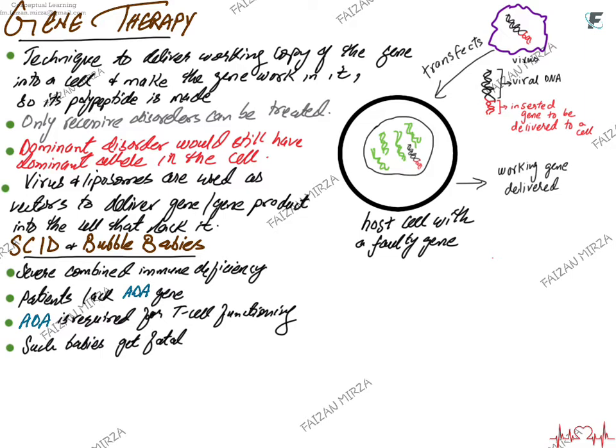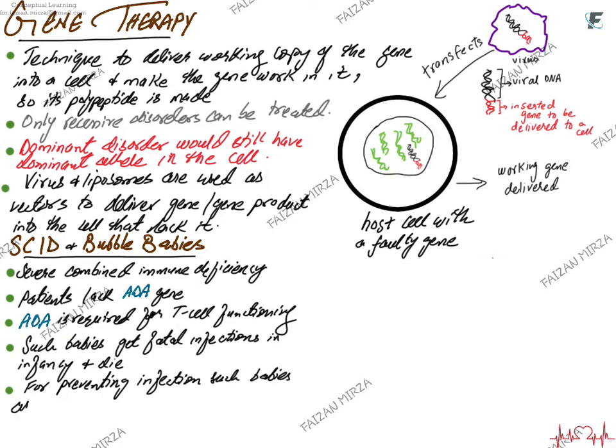If an individual lacks ADA, the T cells cannot function appropriately, and such babies get fatally ill because of infections. The infections that these babies get can be fatal, and they in fact are fatal, and the babies die in infancy. For protection, babies who are lacking ADA are prevented from infection at a very early stage of their infancy by keeping them in bubbles, and that's why they are called bubble babies.